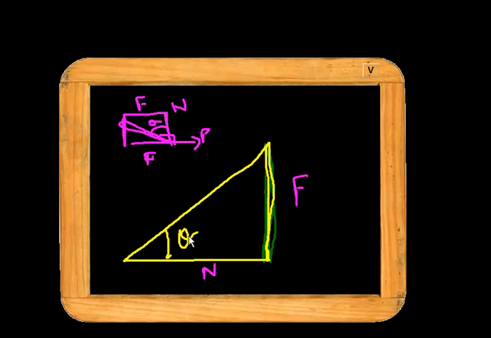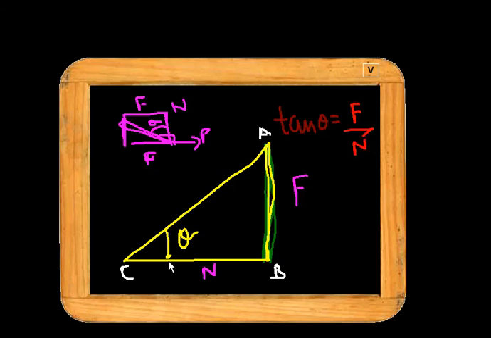Now if you apply the trigonometric identity over here, I'm going to apply tan theta. What is tan theta? Opposite by adjacent side. I forgot to name this: this is A, this is B, and this is C. So tan theta equals F by N, opposite by adjacent.